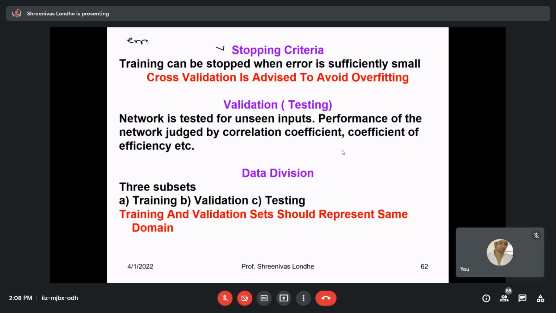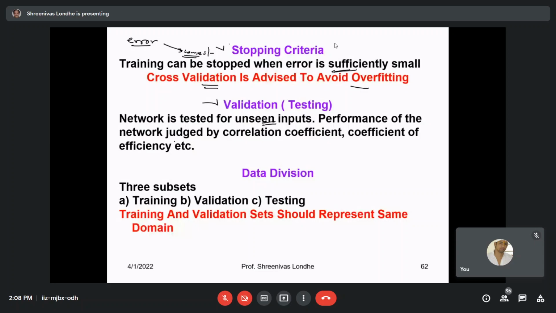Training can be stopped when the error is sufficiently small, and cross validation is used to avoid the overfitting. Validation data set. Network is tested for unseen inputs. Performance of the network judged by correlation coefficient, coefficient of efficiency.